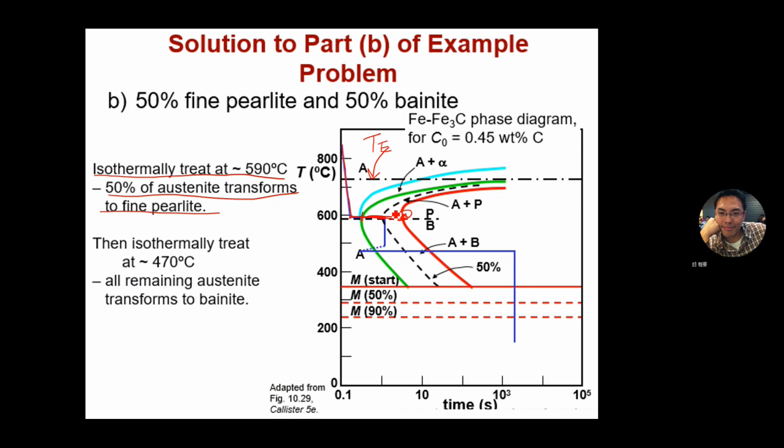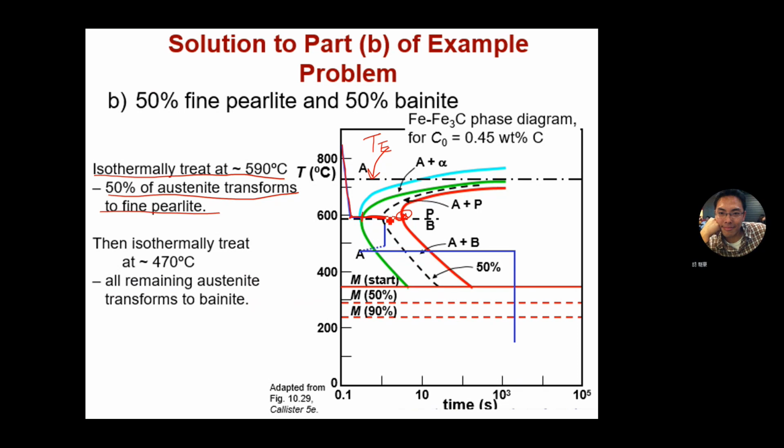Okay, so can you see how this heat treatment gives 50% of austenite transformed to fine pearlite?